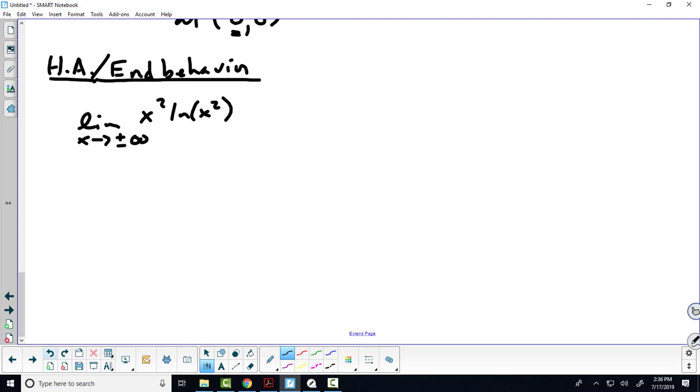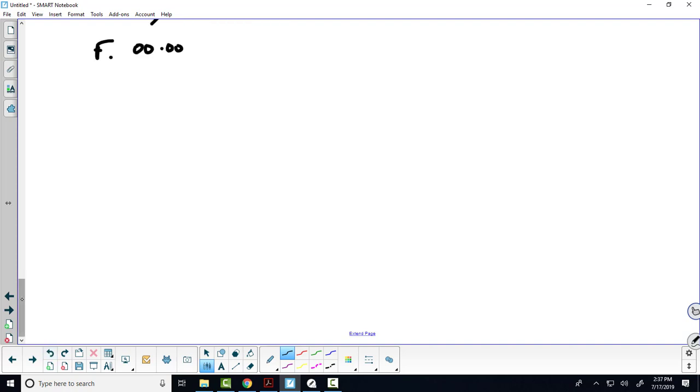And when I plug in plus or minus infinity to the second factor for x, it gets squared, so it's arbitrarily large positive. Then I take the natural log of an arbitrarily large positive, which is still arbitrarily large and positive. So this has the form, not the indeterminate form, just infinity times infinity, and there's no ambiguity there. That is infinity. Okay, so we found the horizontal asymptote slash end behavior.